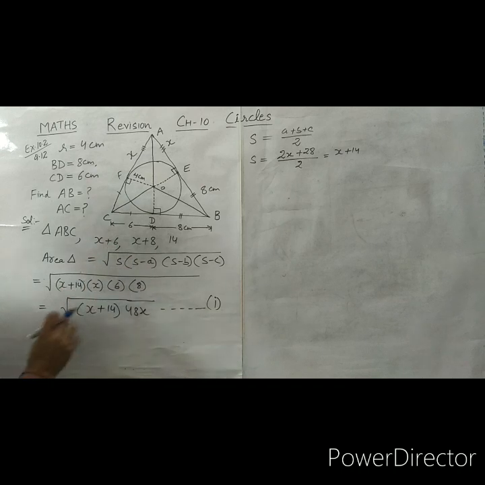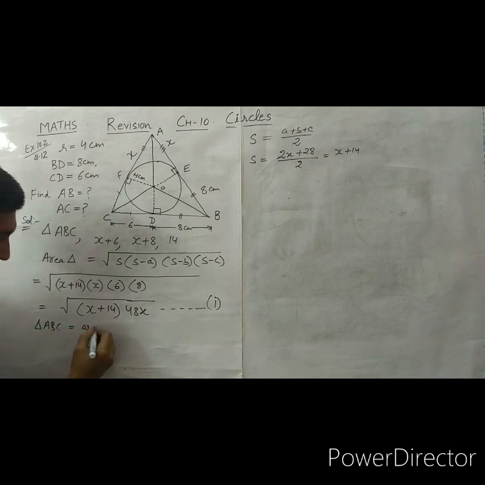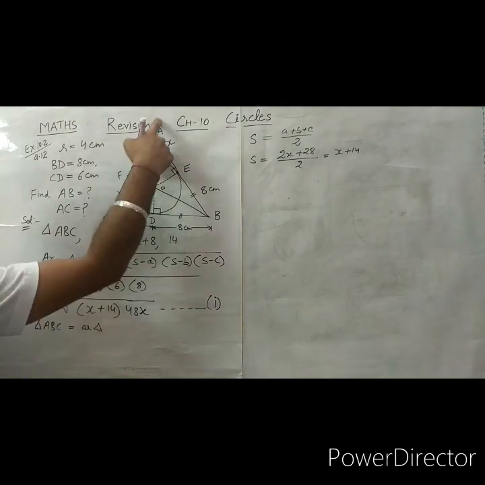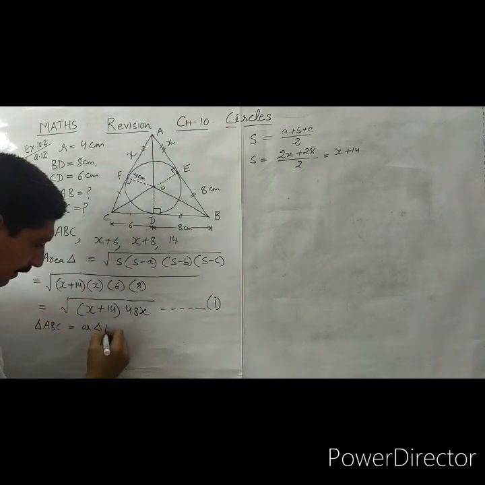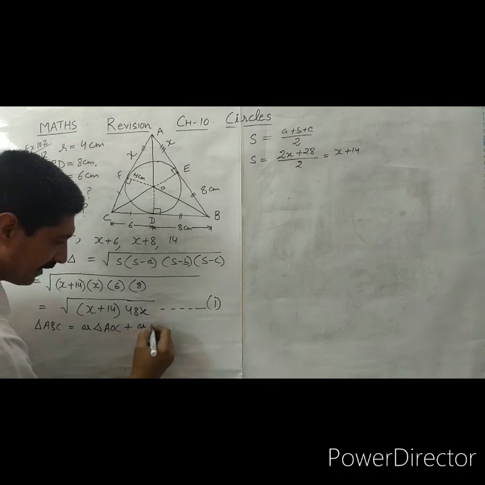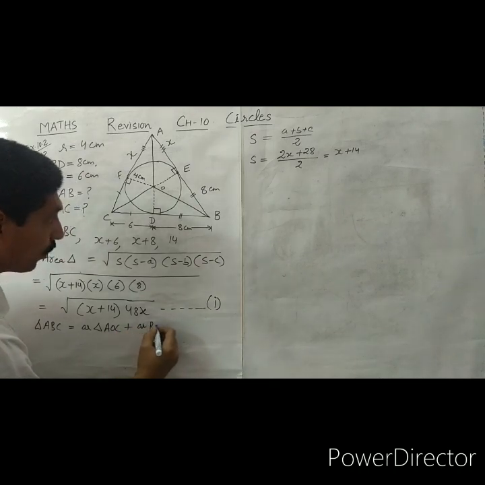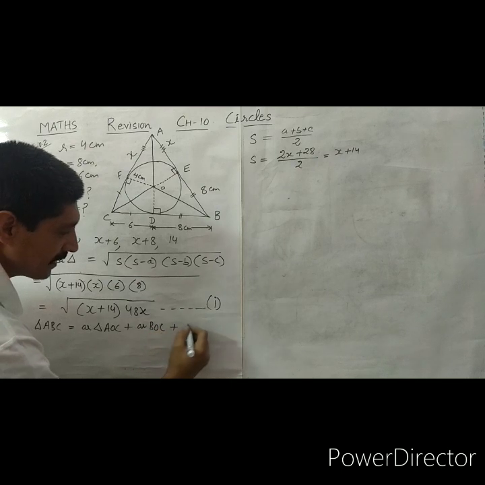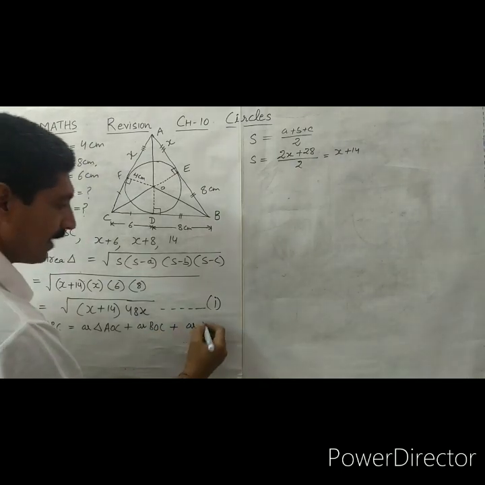So we know that the area of triangle ABC is equal to the area of triangle AOC plus the area of triangle BOC plus the area of triangle AOB.